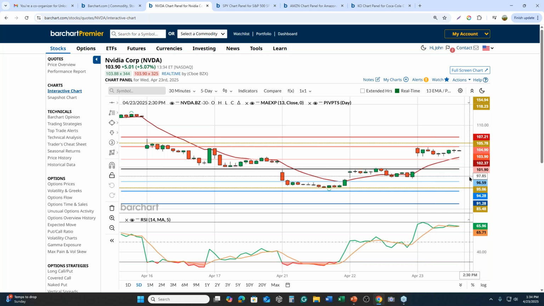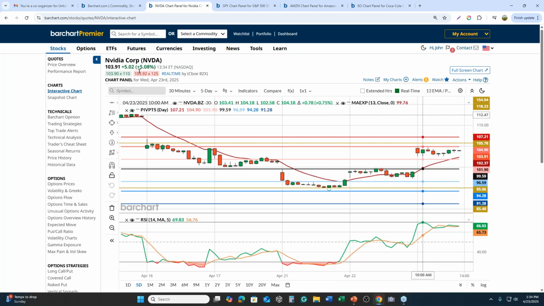Now, remember that ATR we looked at and that value of $7? Well, that value could be based on a range of price, either from yesterday's previous close to the high of today, or it could be yesterday's previous close to the low of today, or it could be the range of price for today, whichever is greater.